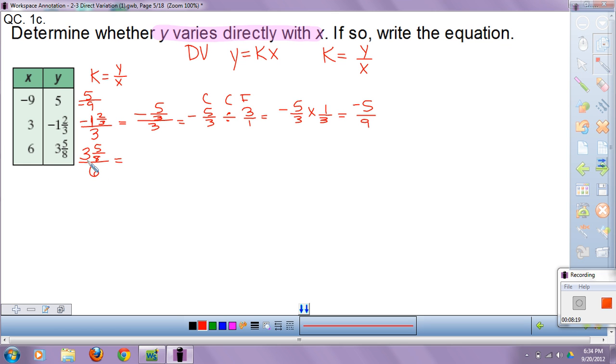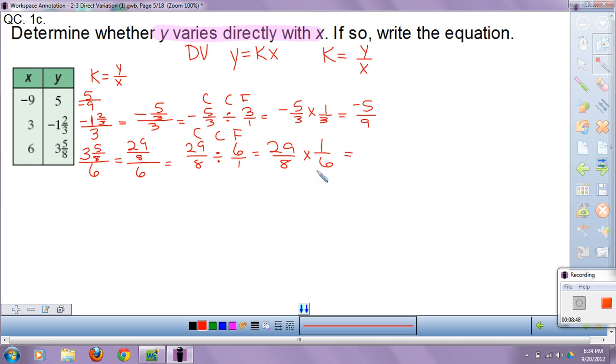Finally, we'll do a similar thing on our last ratio. Change your mixed number into an improper fraction. 3 times 8 is 24, plus 5 is 29 over 8, divided by 6, which we can rewrite as 29/8 divided by 6. Again, we can't divide fractions, so we'll copy, change division to multiplication, and flip your fraction.